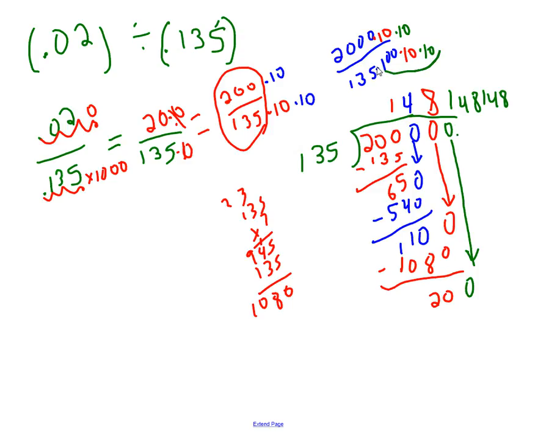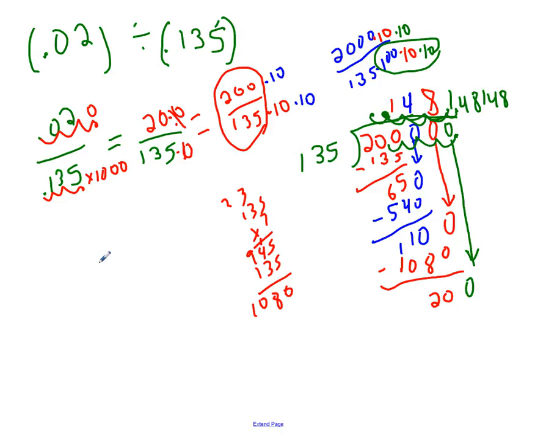So once I stop here, let's say I stop at 148, I'm then dividing by 1, 2, 3, 4 tens. I'm sorry, the decimal place is here. Because this was 1, 2, 3, 4 tens there, right?